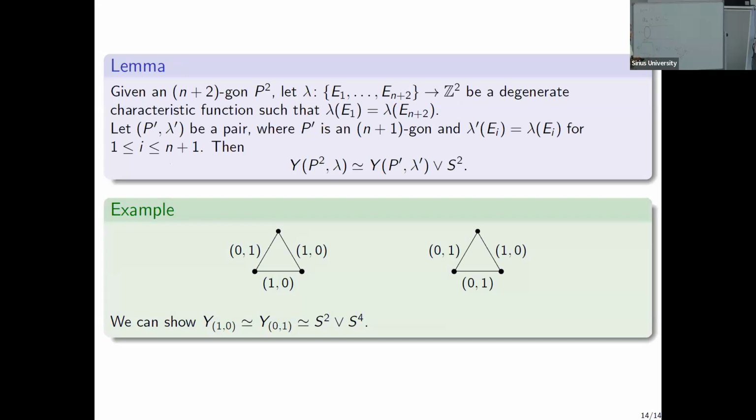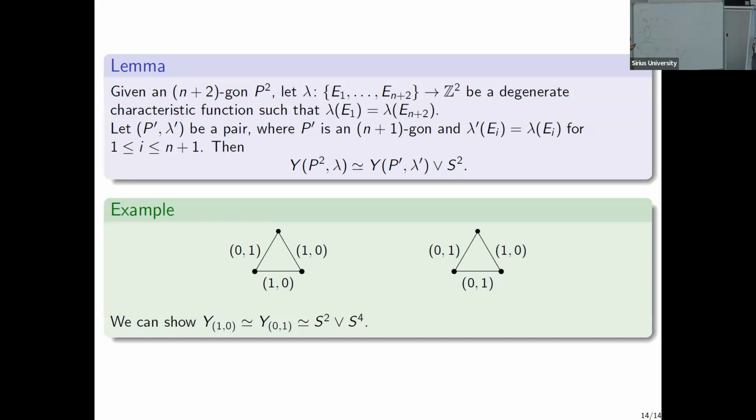Moreover, we can study the homotopy types of the resulting space. So for example, if we are given an (n+2)-gon, and suppose we are given a lambda function from the edges to Z2 such that there exists a pair of adjacent edges that have identical characteristic vectors. Without loss of generality, we can assume lambda E1 equals lambda E(n+2).